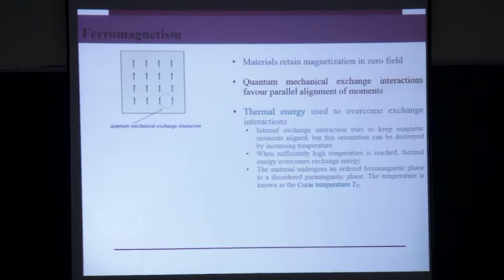Again, as we discussed already, when you have thermal energy, this system has very low entropy, but at higher temperatures you want to go for more entropy, so the spins will become random, and that will happen above the Curie temperature.